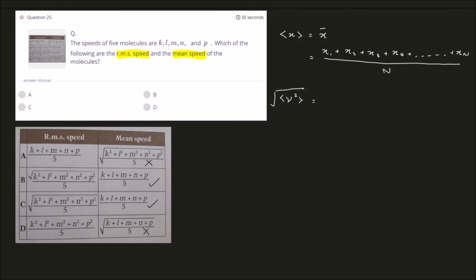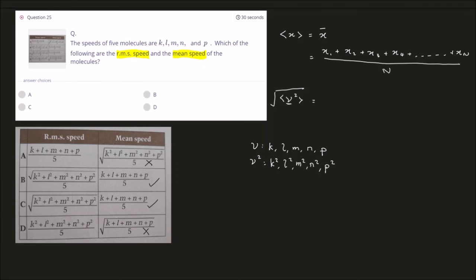We want to find the mean of v square. Our v has K, L, M, N, P. So if you want to find v square, there will be K square, L square, M square, N square, P square. So these are v square.